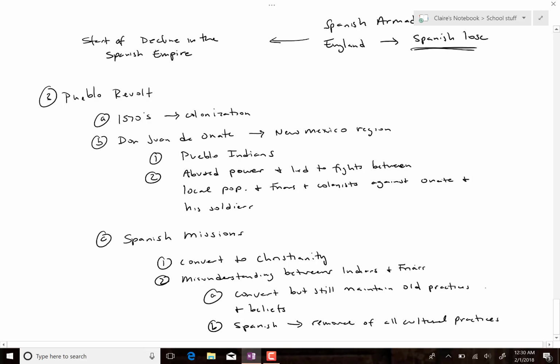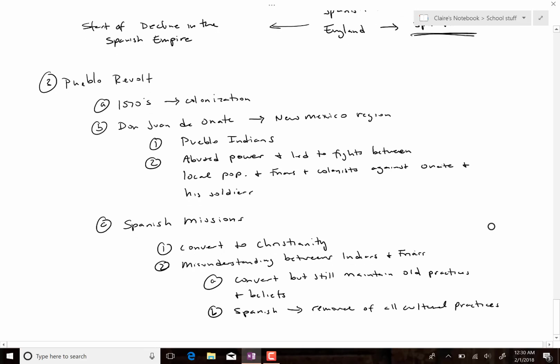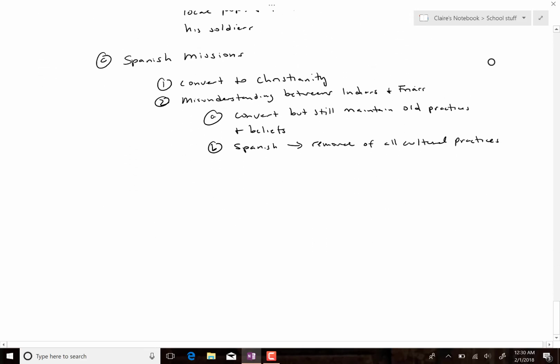This was the idea: you're going to convert to Christianity, then you're going to speak Spanish, change your dress, give up any cultural, historical practices, food even, right? Again, remember, colonization is the complete and total structure of this.